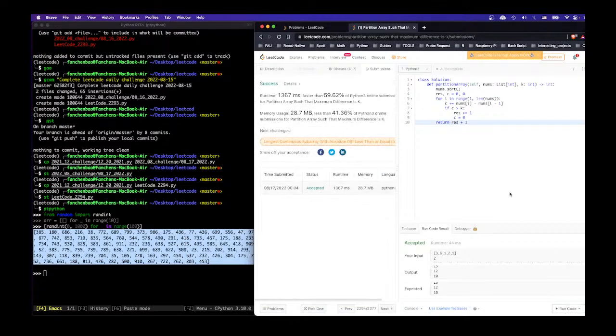Booyah! It is correct. So it is greedy. Like I said, with greedy you just have to prove that it's correct, right? I think the proof is just that we want the difference to be as small as possible. So the best way we can do is to have a number be grouped with something just to its left or something to its right. That's the best scenario, right? So if it cannot be grouped to the left, it must be grouped to the right.